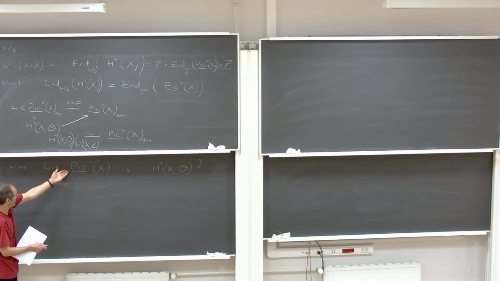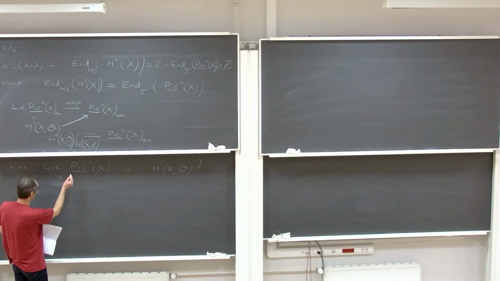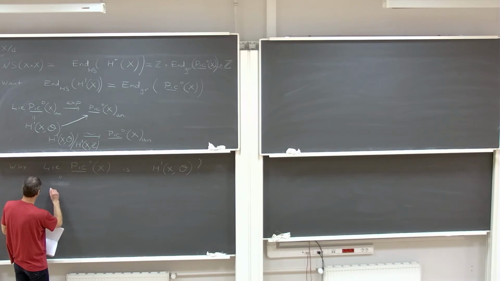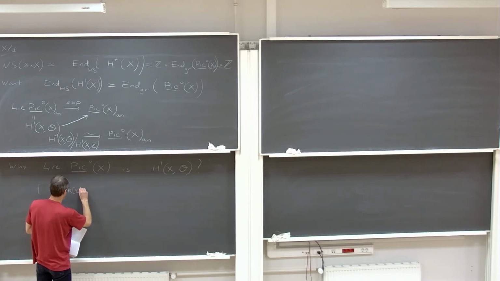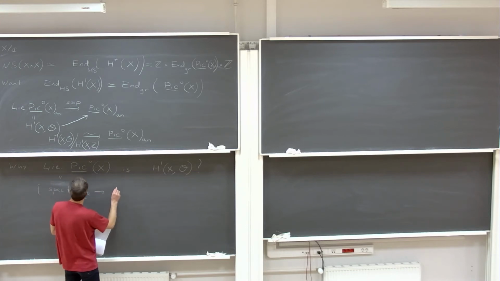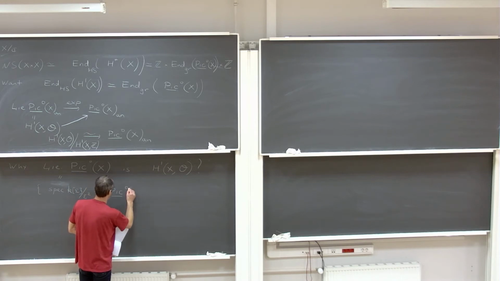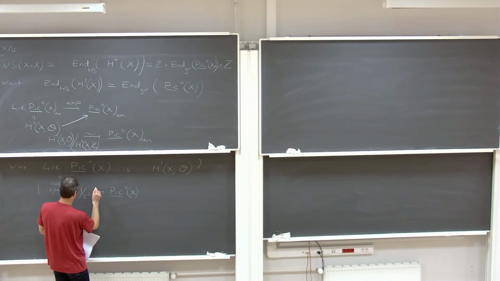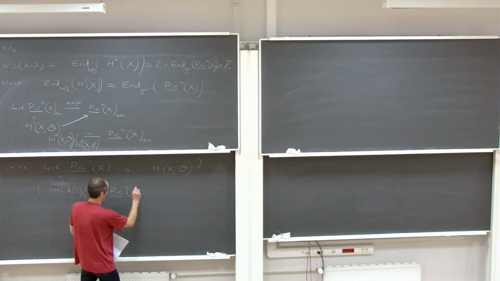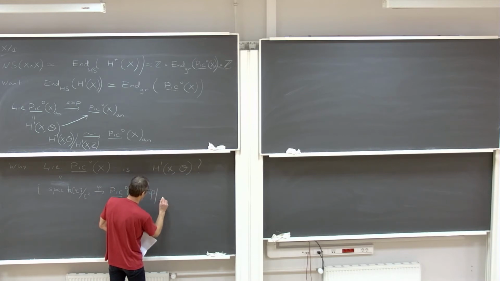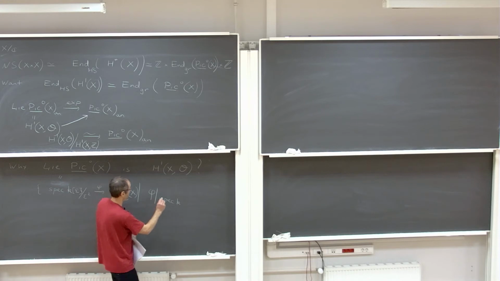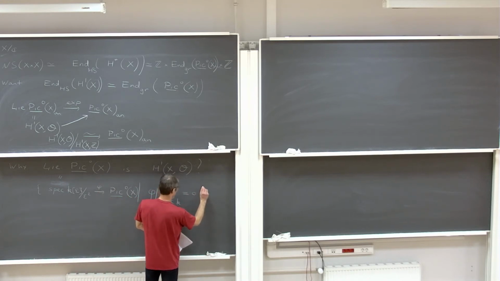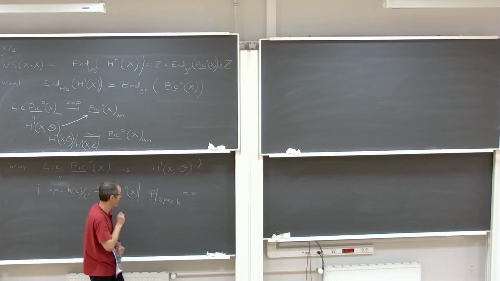If you have any scheme, then its tangent space is, by definition, the set of maps from the dual numbers to the Picard scheme, let's call it phi, such that the restriction of phi to Spec k, a closed point here, is 0. 0 is the neutral element here, right?